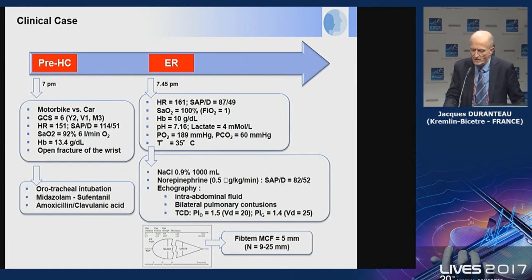The second comment is maybe the guy is hypovolemic and maybe we did not give enough fluid. It's because we are always concerned about giving too much fluid. And maybe it's an excessive strategy, and maybe sometimes we don't give enough fluid.